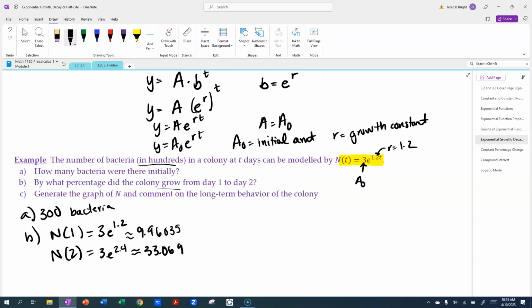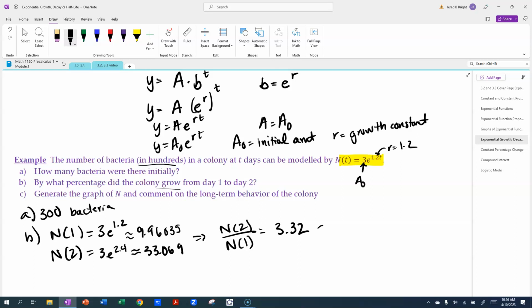And then by what percentage did the colony grow? You do N of 2, the final divided by the previous. Putting that in my calculator, and being as precise as I can with my approximation, I get 3.32.